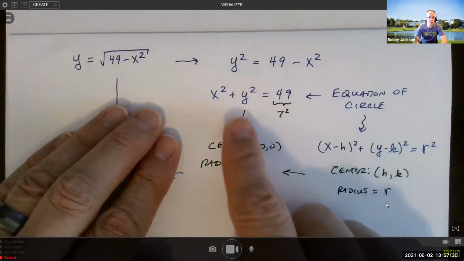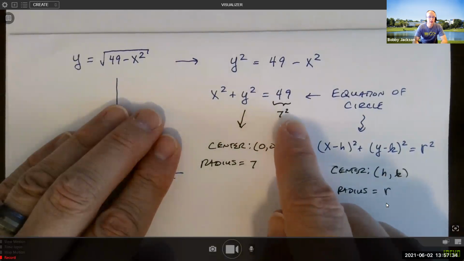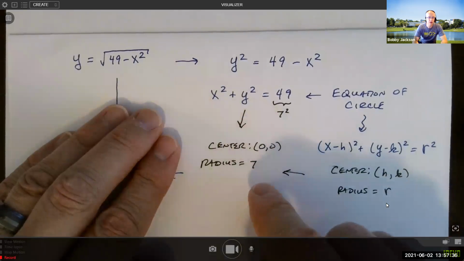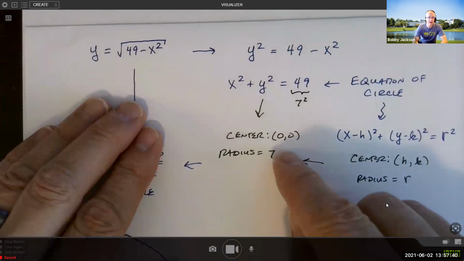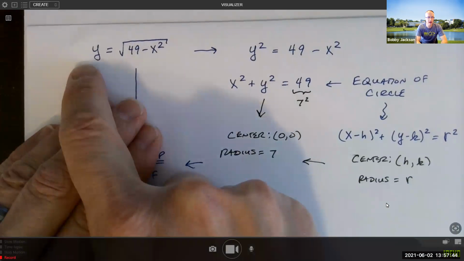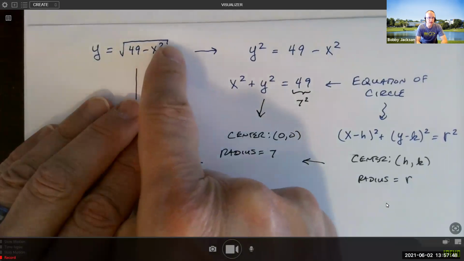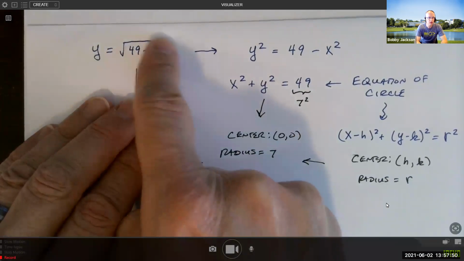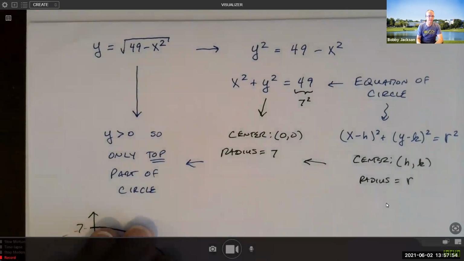This is a circle of radius 7 centered at the origin. However, going back to the original, we're only looking at y equal to a positive value, so we're only looking at the top half of the circle.